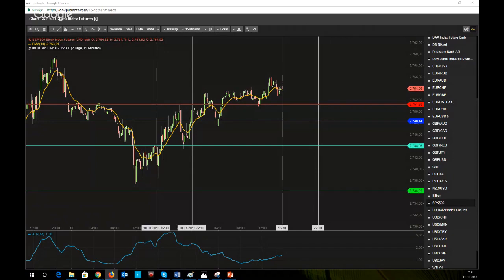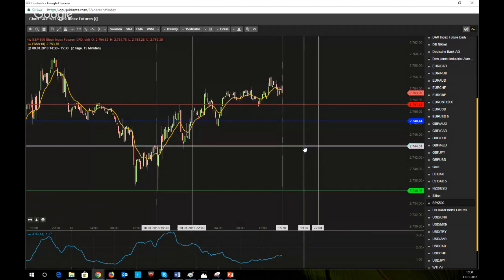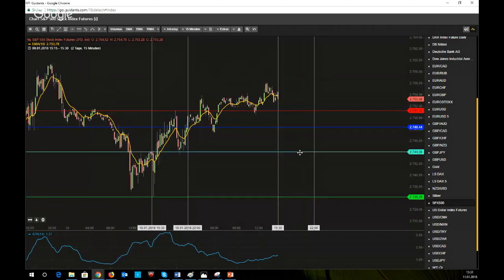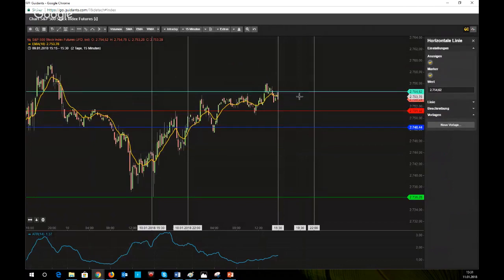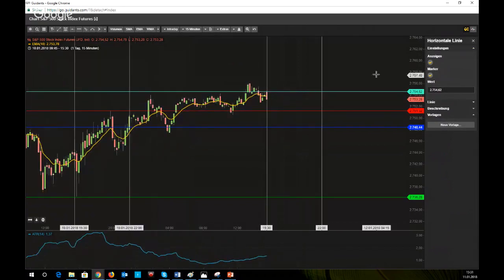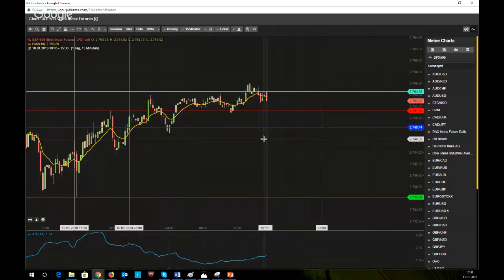In fact, by the way, let's have a look back here. One sec. I just have to put this turquoise line here higher. Why do I do this? It's simple. It's the first tick at 3:30 p.m. German time, so 2:30 p.m. GMT.